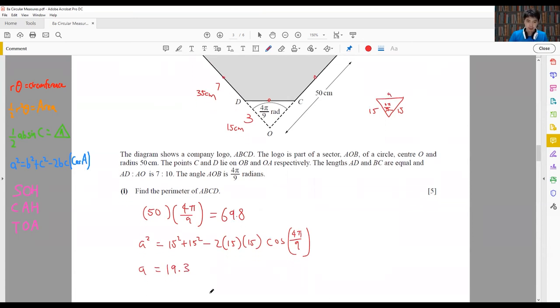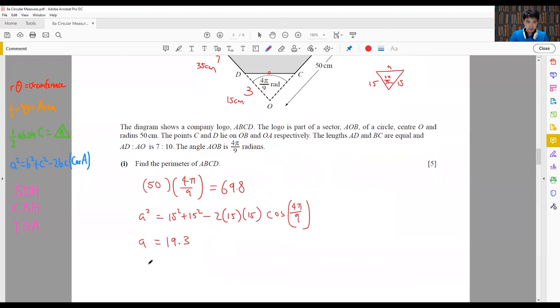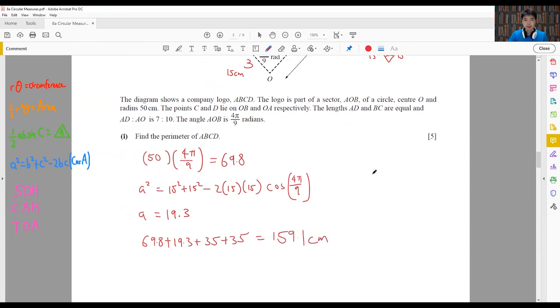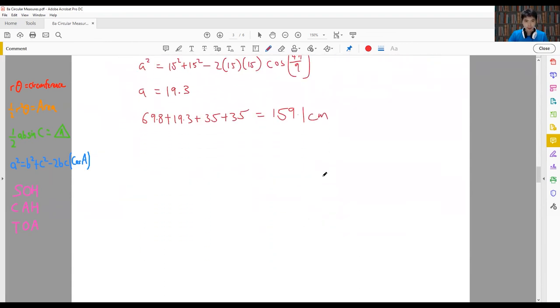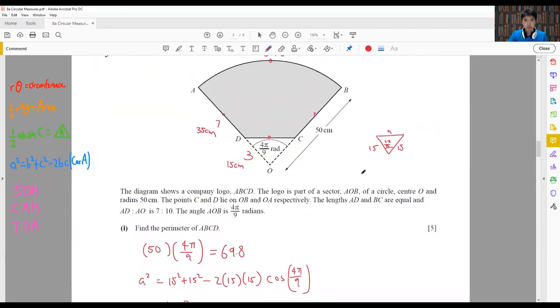Then the perimeter will just simply be 69.8 plus 19.3 plus 35 plus 35. So type everything into the calculator. Your total, sorry, not area, this perimeter, should have been 159.1 cm. And then that should be it for this part of the question.